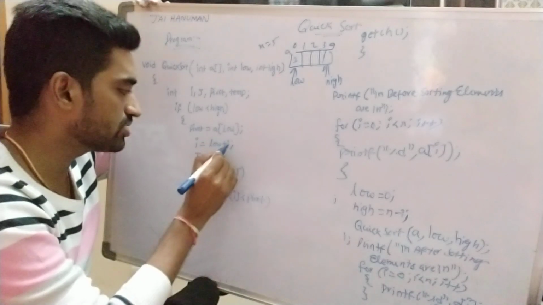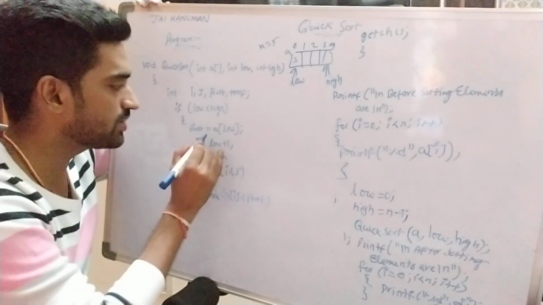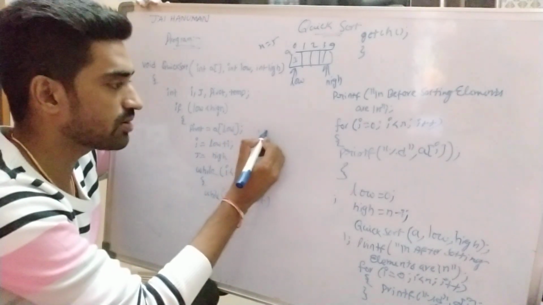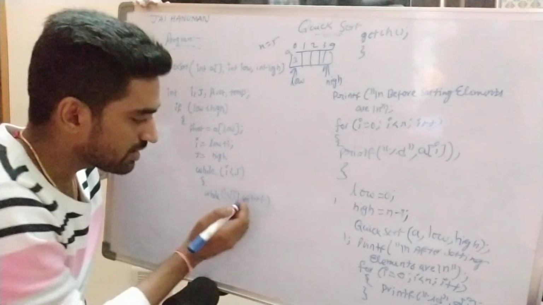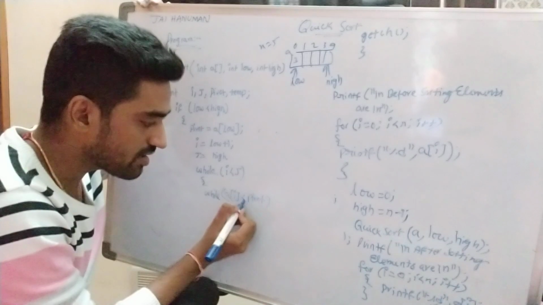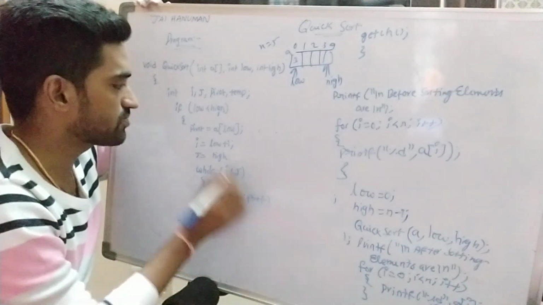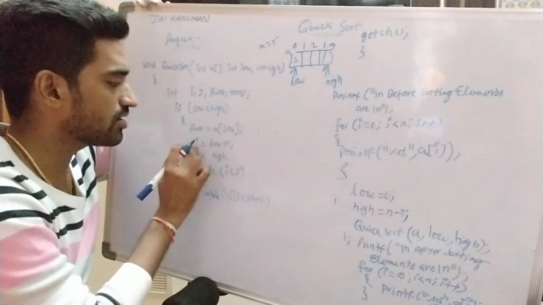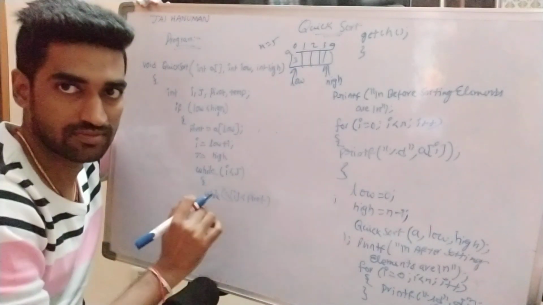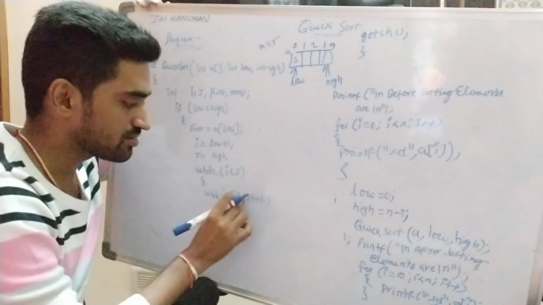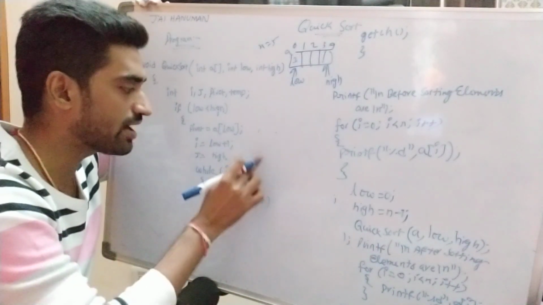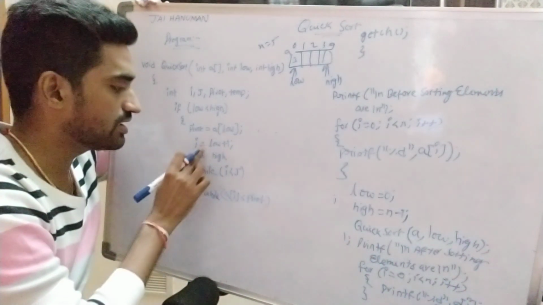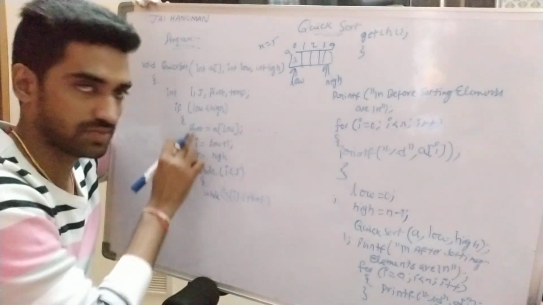Here there is no need to increment the i value. Simply I am writing pivot is equal to a of low, right? Here I am not writing a of i less than or equal to pivot. So that's why the pivot position is set to be low, and the i value is incremented by 1, right? Why? Because not equal, initially the condition fails.